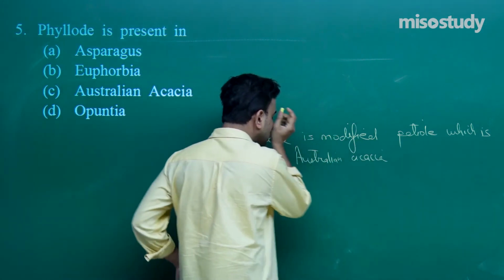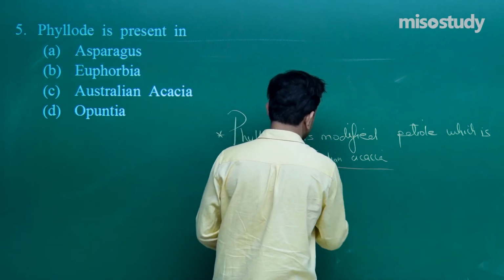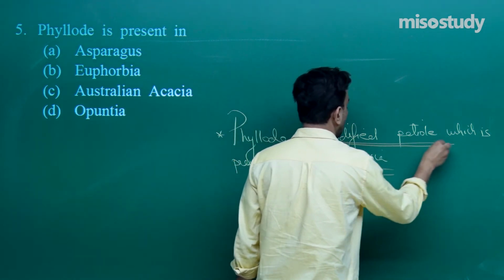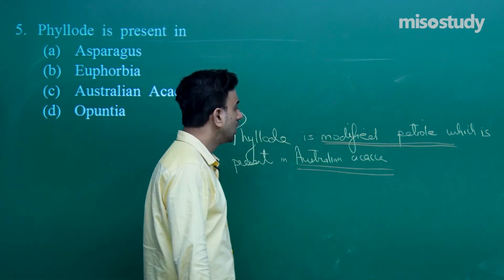A modified petiole which is present in the Australian Acacia.